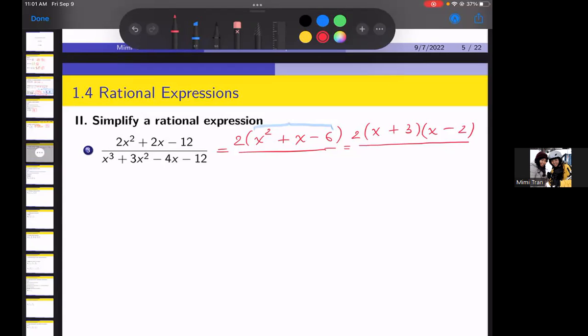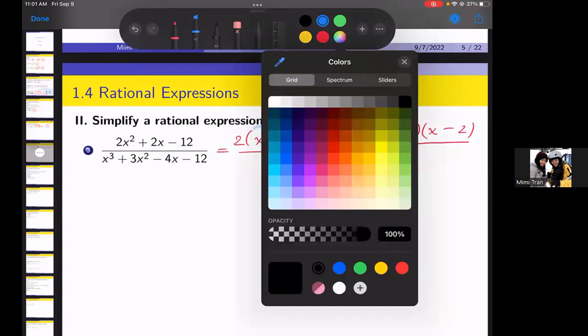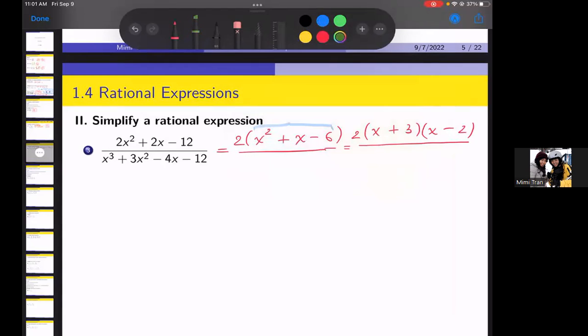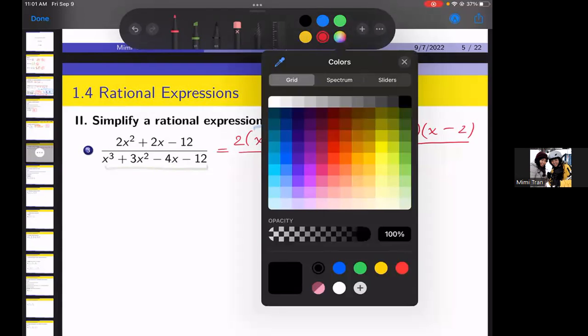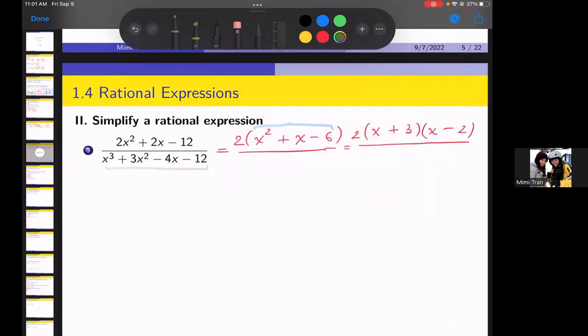All right, the bottom. It has 4 terms. So what kind of factoring technique do I use? If you have 4 or more terms, what do I do? You group them, right? So I'm going to group the first 2 and then the last 2, and then you factor.